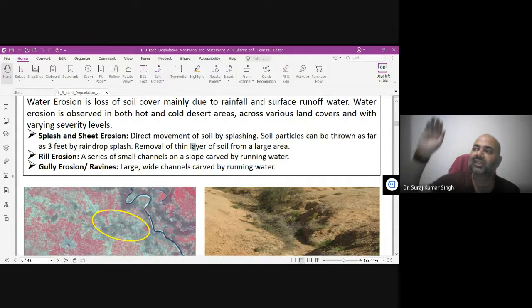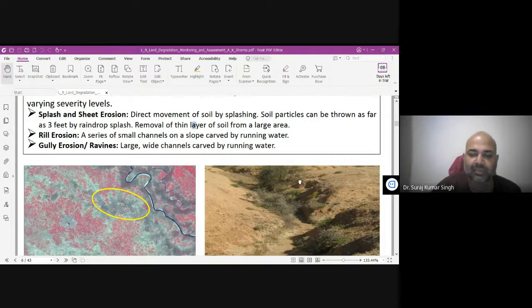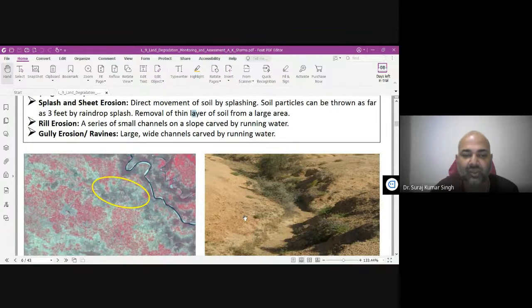So you will find that there is a slope and water coming down. It will go on degrading it, and you can see in the satellite images as well as in the field photographs how these rills or gullies will be seen on the field. Then you have gully erosion, ravines: large wide channels carved by running water.